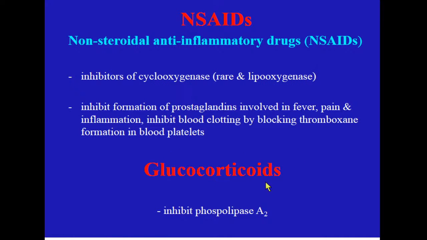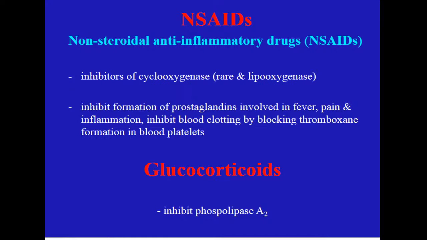But glucocorticoids, which we also use, steroid anti-inflammatory drugs against inflammation and allergy, work a little bit less specifically because they start to work at the stage of phospholipase A2 action. They inhibit phospholipase A2, and due to this, arachidonic acid is less released from the membrane phospholipids, and production of all eicosanoids can be decreased.